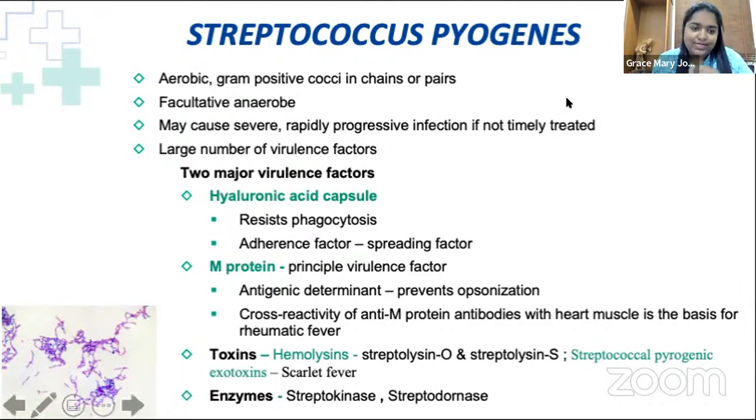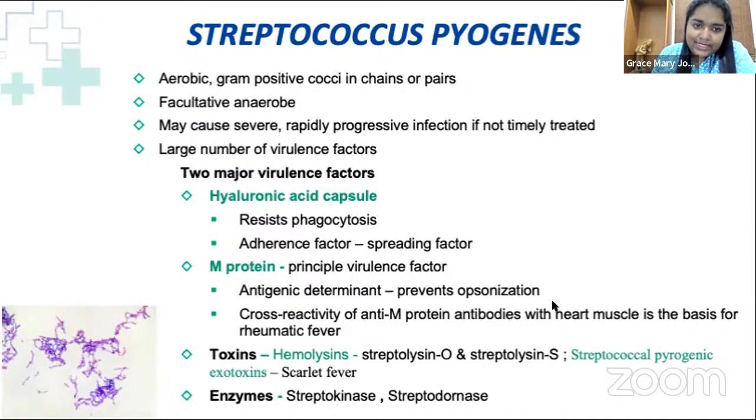And it has a lot of enzymes, which are streptokinase and streptodornase. So streptokinase, we know, is used for fibrin destruction so that a clot doesn't happen.